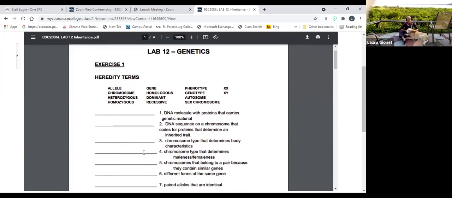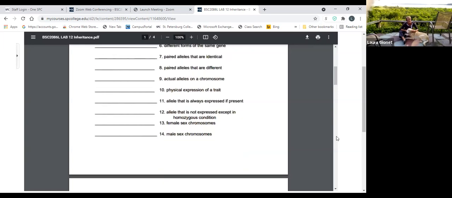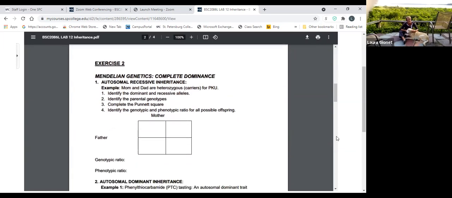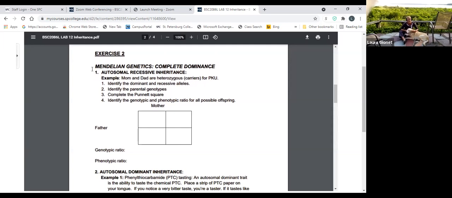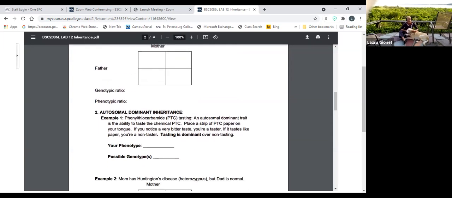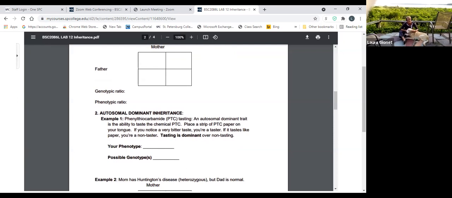Okay. So now you can go and match up the terms with the definition. They're right out of the notes. Those are easy to do. Here we are in our Mendelian genetics, complete dominance versus autosomal dominant.